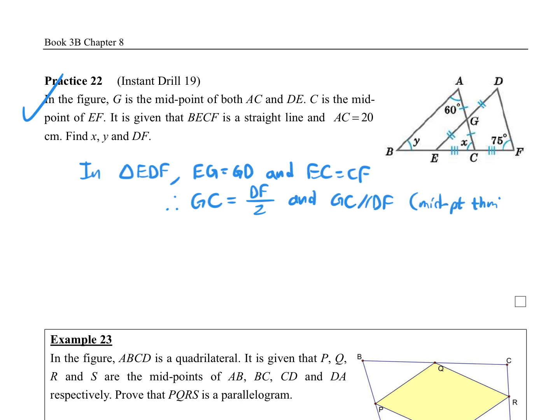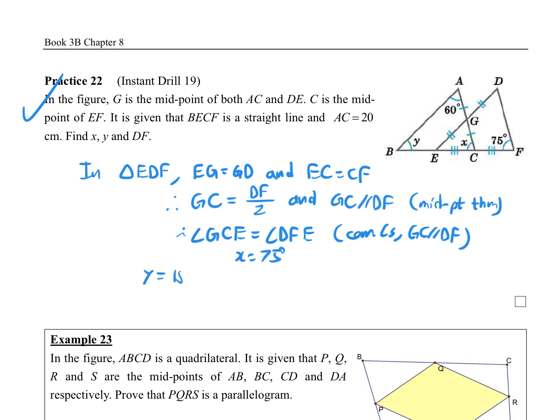So this is the whole set that must be written in use of the theorem. And therefore, angle GCE equals angle DFE, corresponding angles of your parallel lines. And X is 75 degrees.